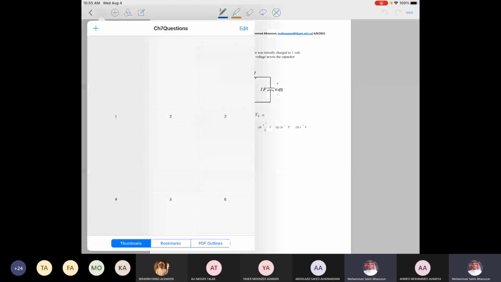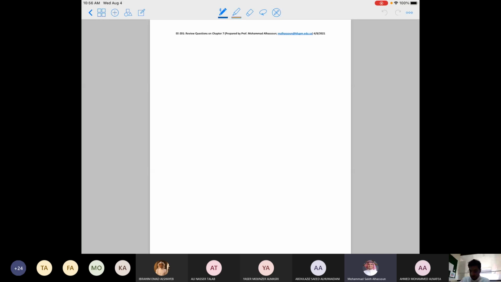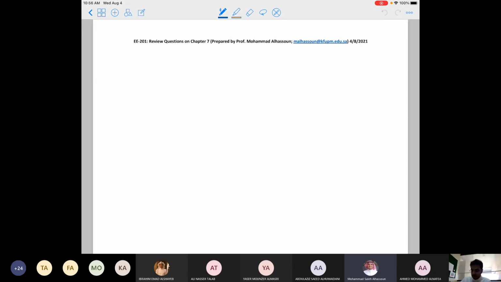We are interested in either the step or the natural response, and in both cases the solution will be of the following nature.